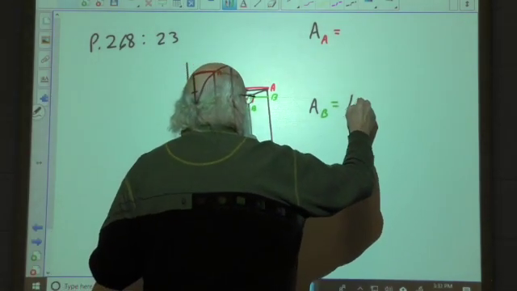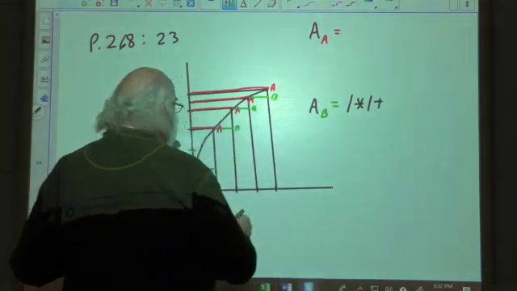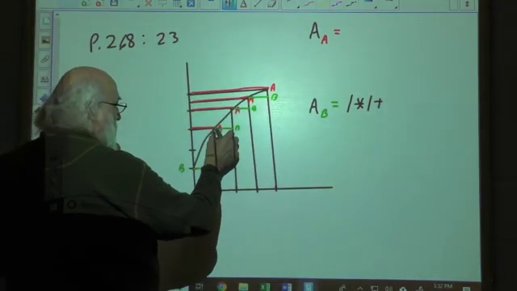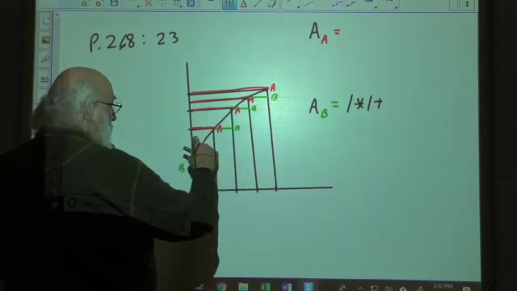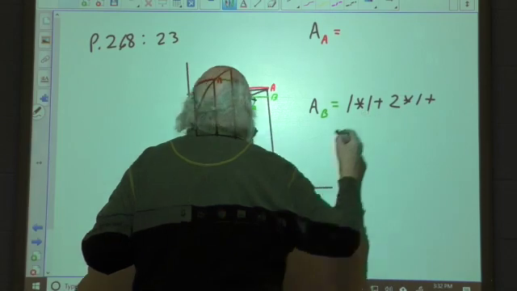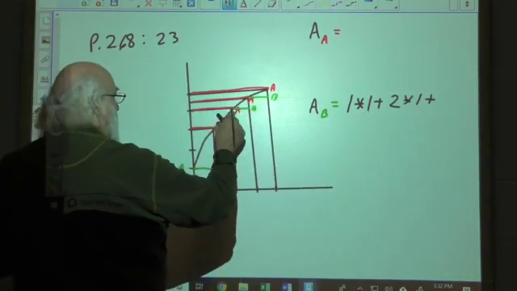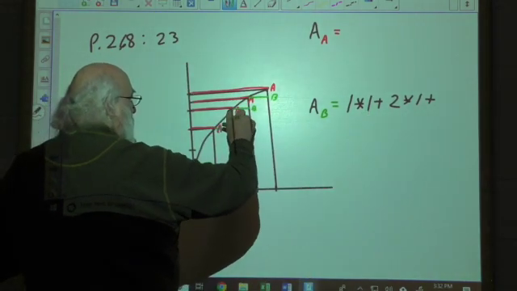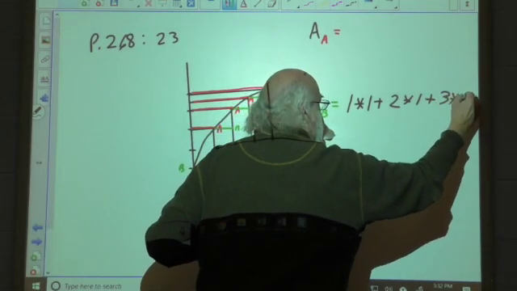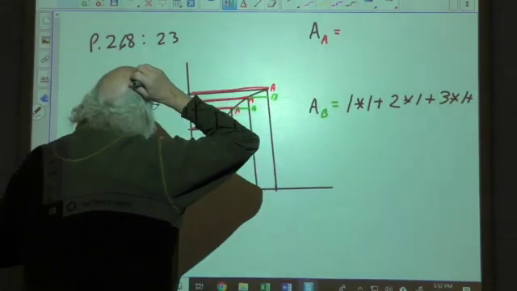So this is 1 times 1 plus, and then the below for this right here is going to be 2 times 1 plus this one right here is going to be 3 times 1. This is pretty tricky stuff. Plus, now I have to do a little estimation.